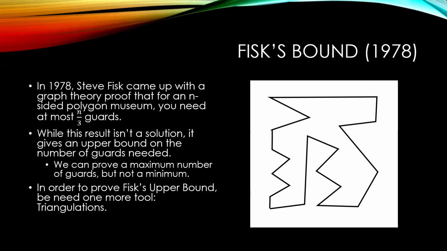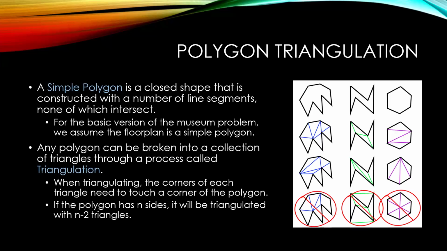In order to prove Fisk's upper bound, we need one more tool, and that is triangulation. A simple polygon is a closed shape that is constructible with a number of line segments, none of which intersect. So we can't have intersecting line segments.